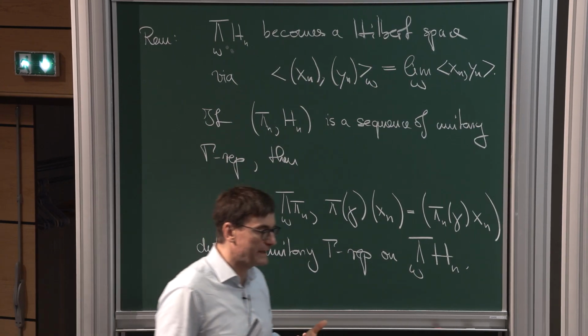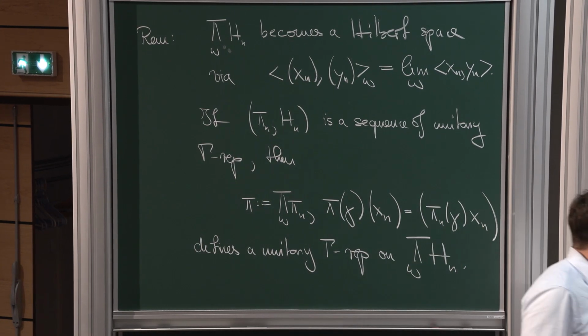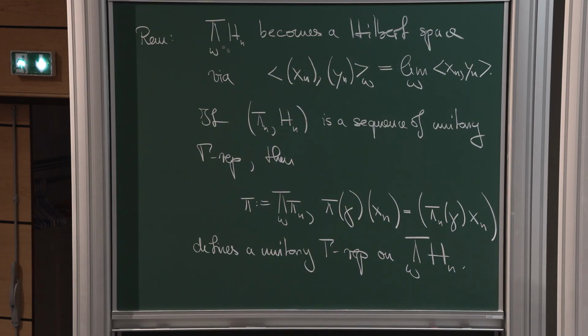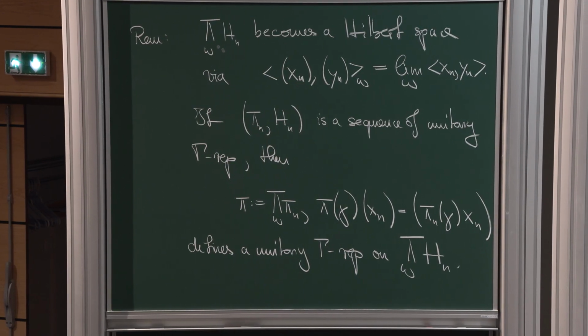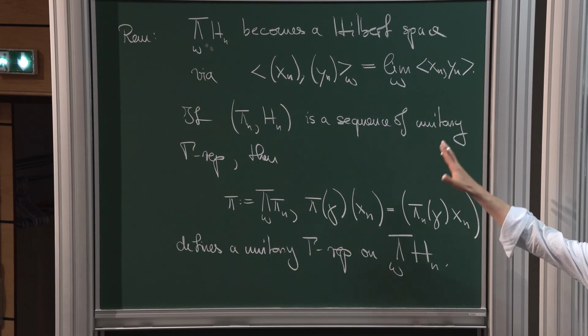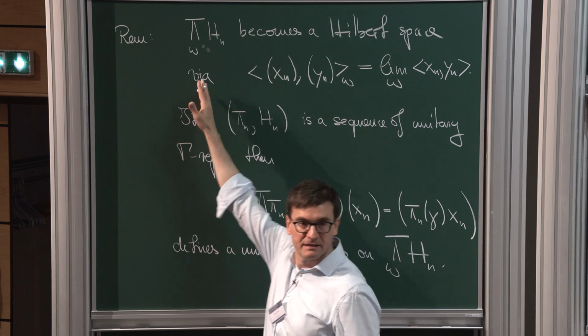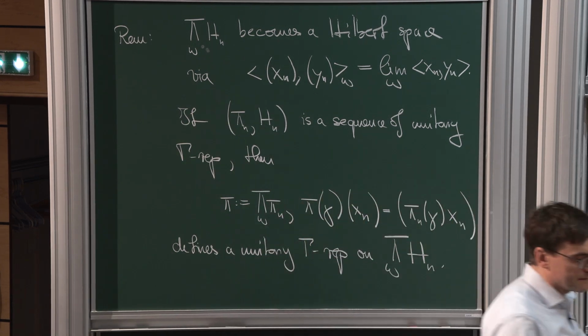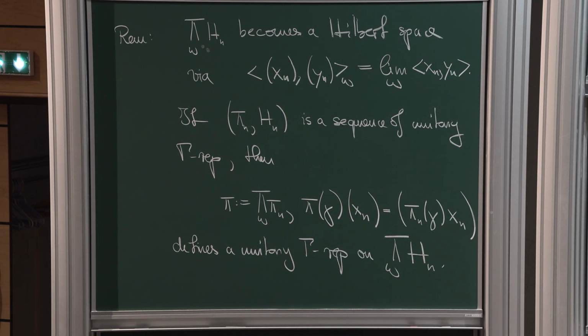So there is a way to do ultraproducts of unitary representations of locally compact groups, but it's more involved. You have to modify this construction a little bit, and we won't need it. Whenever we do this construction, we do it in the discrete setting.